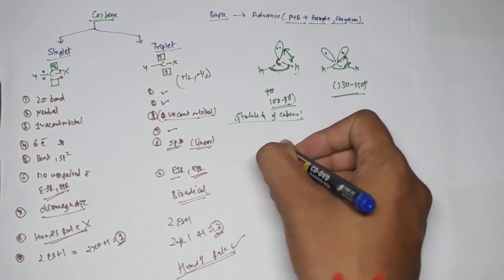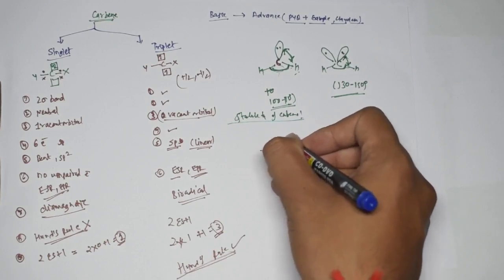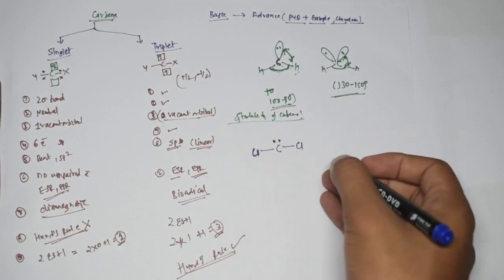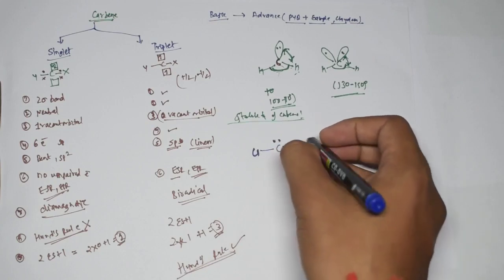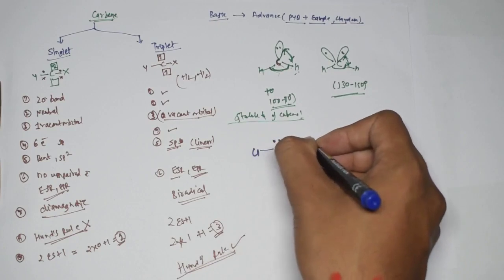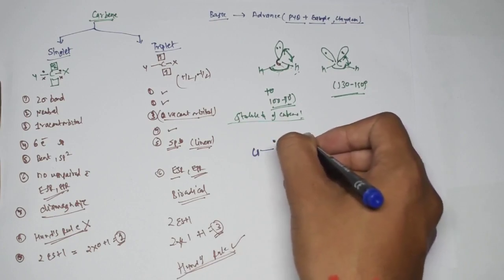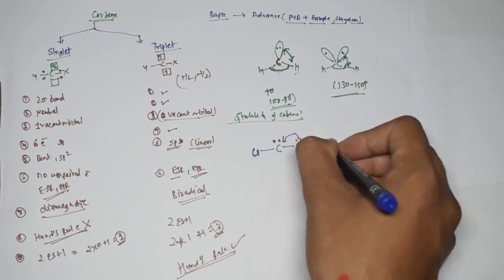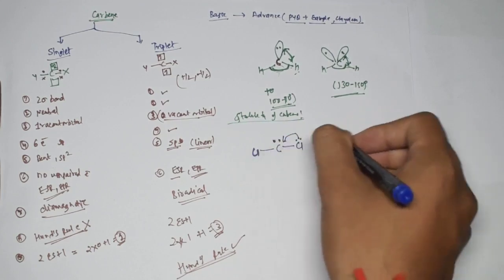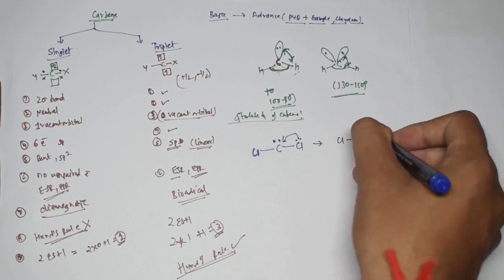So this singlet carbene, which you can see over here, at least here, if I say two halogen groups are attached over here, right? If the halogen groups are attached over here, because of back bonding, what happens? Because of back bonding in this case, this chlorine will donate the electron to it, and here this is going to form something like this.